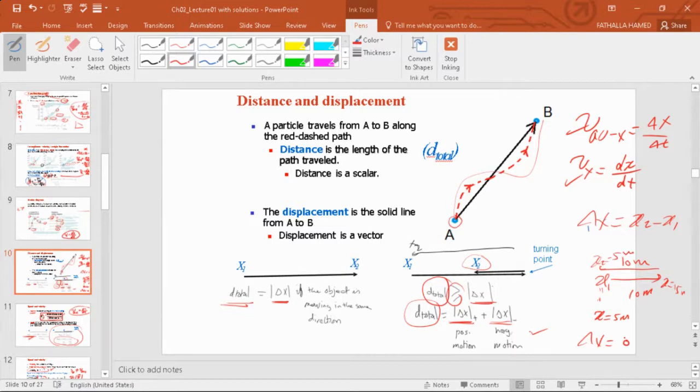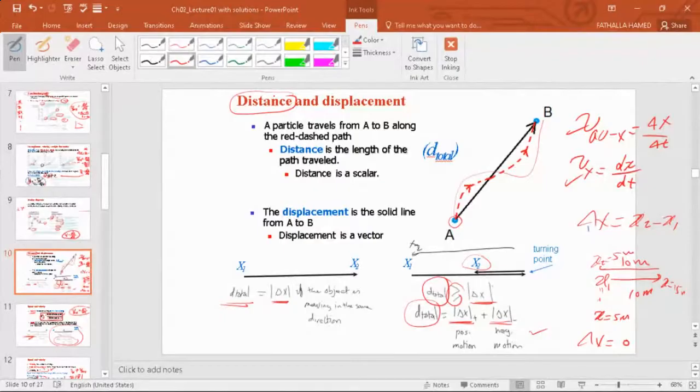And this is when you're going to talk about distance. If you are at the same position and you did not move at all, you have a displacement of 0.